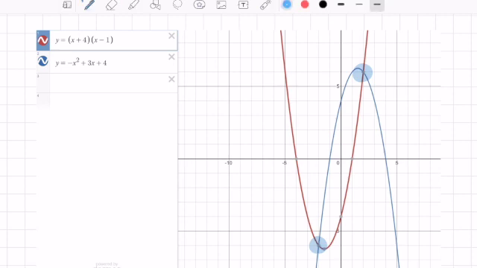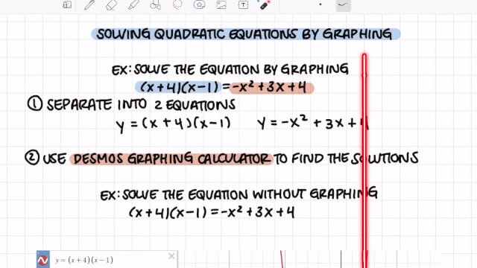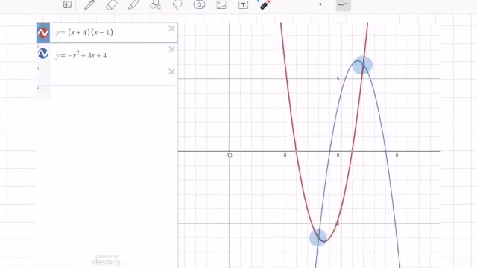So what I want to do is identify what the x value is for them. So in this point, if I were to draw a line going all the way down to the x-axis, I get this point right here, right?